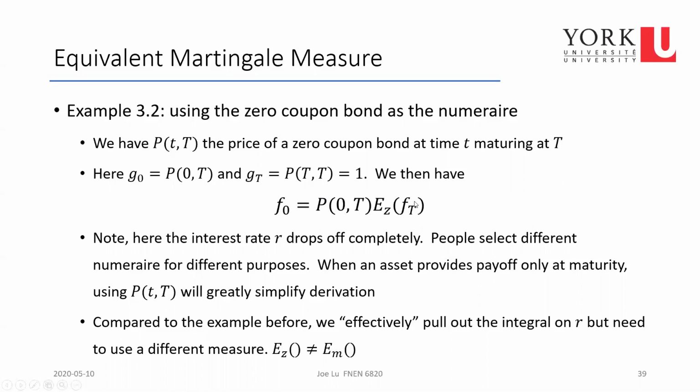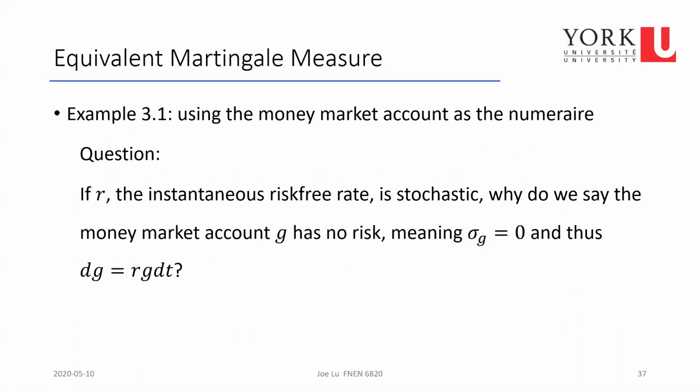So typically there's a payoff: the expected payoff of the derivative asset F at maturity, discounted back, gives you the initial value. Here we don't see any interest rate, because you use a zero coupon bond. The discount factor replaces the present value discounting we had in the earlier one.